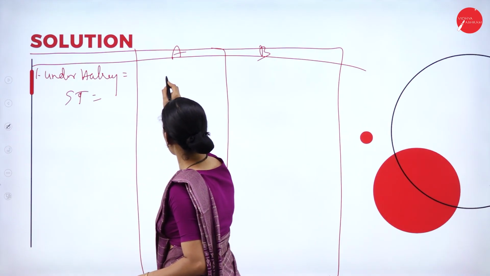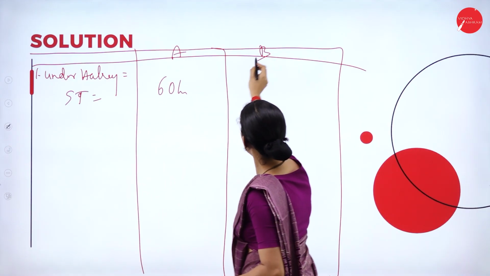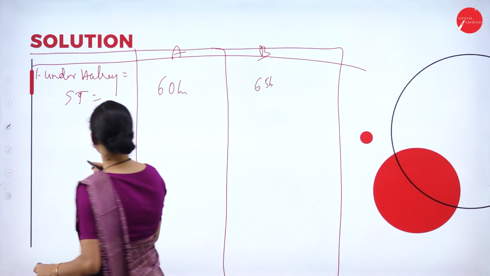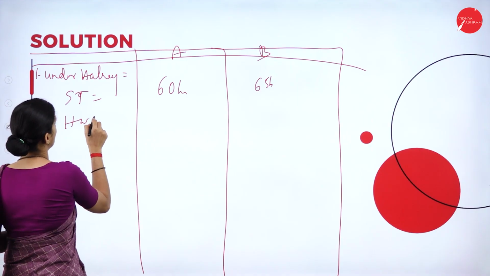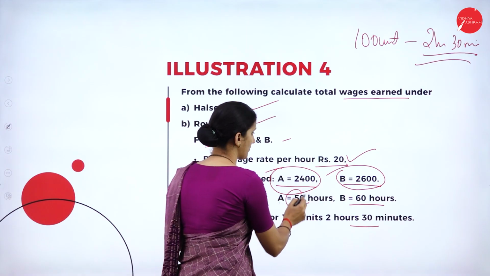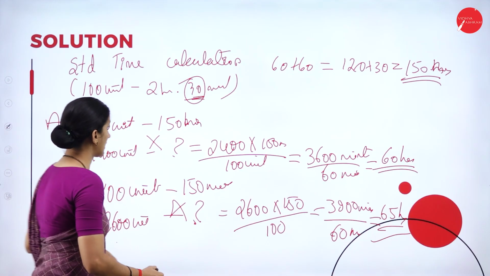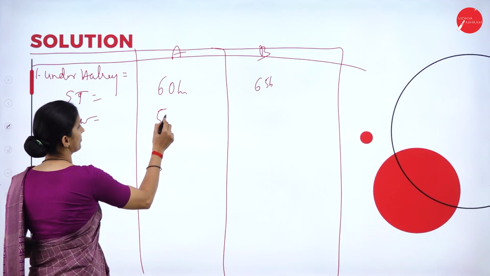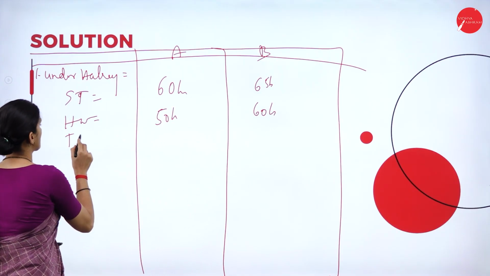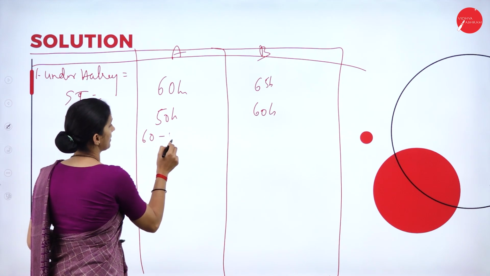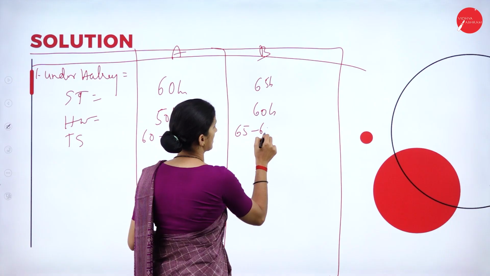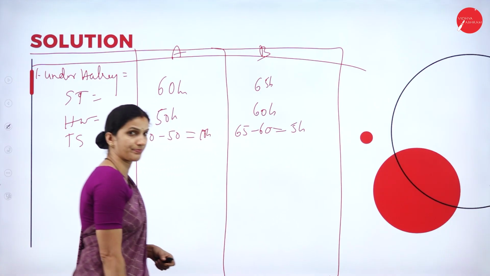Standard time given for A is 60 hours, for B we have calculated, that is 65 hours. And then what are the hours worked? Time taken, A it is 50, B it is 60 hours. And then what is the time saved? 60 minus 50, it is 10 hours. Then 65 minus 60, it is 5 hours, right.